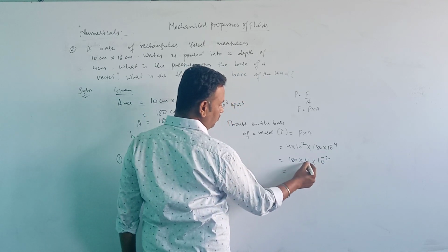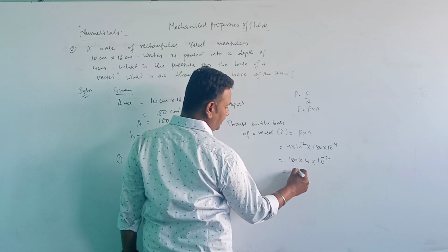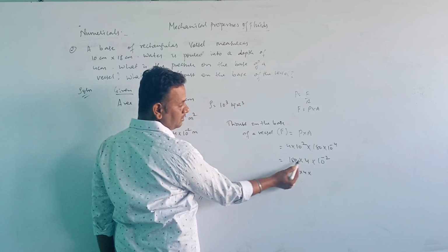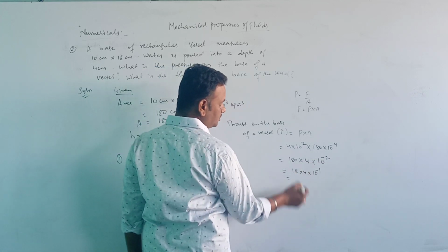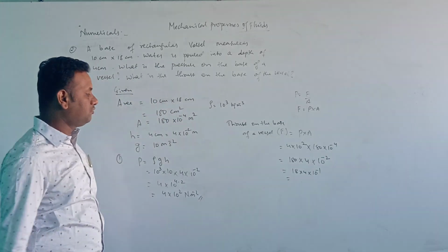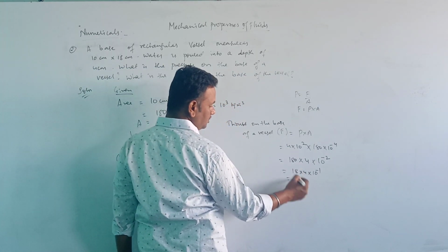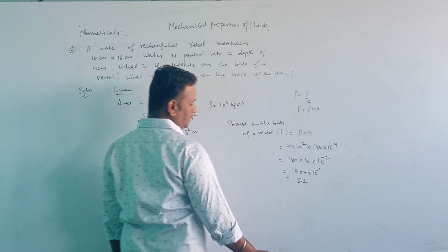Or you can also write it as 18 into 4 into 10 to the power of minus 1. So 18 into 4 is 72, that is 7.2.